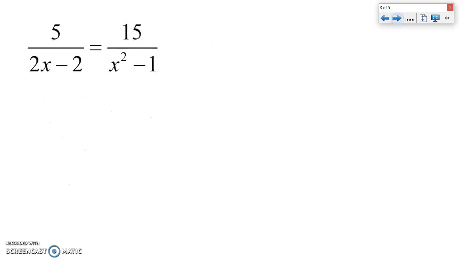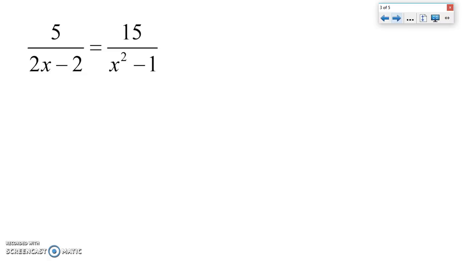Moving on to our second proportion that we're dealing with here. I have a linear denominator in the first fraction and a quadratic in the second fraction. Both of these are as simplified as they can be. There's nothing I can cancel out here.